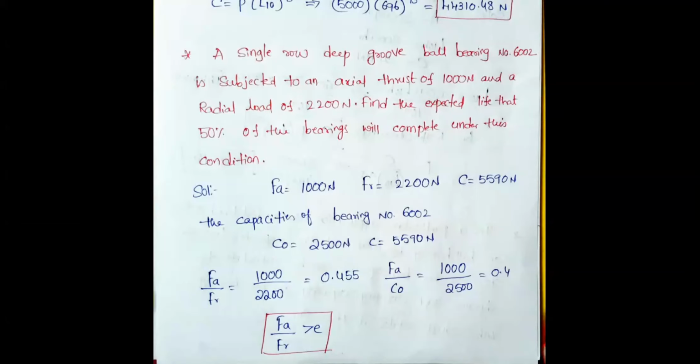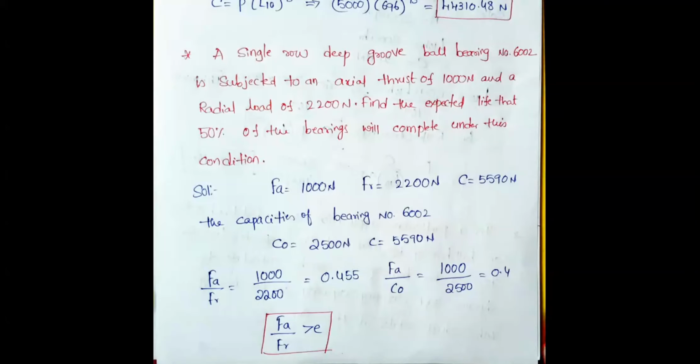In order to calculate the values of X and Y. First calculate FA by C naught. FA is the axial load and C naught is called the static load carrying capacity.